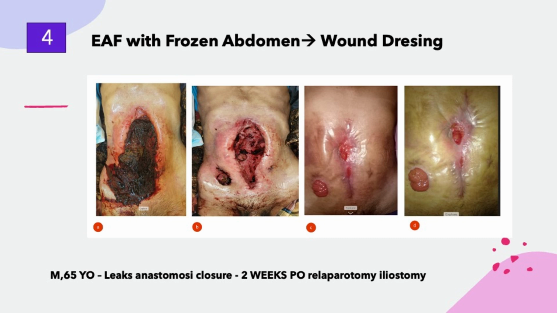Image C highlights further healing with granulation tissue development following continued wound care and advanced dressing techniques. Image D depicts the final stages of wound management with visible contraction and improved tissue integrity. This case underscores the importance of meticulous wound dressing and staged management in patients with EAF and frozen abdomen to promote healing and prepare for potential definitive closure.